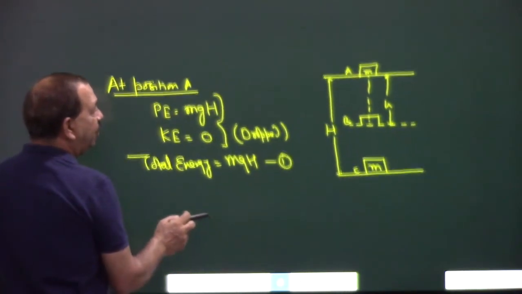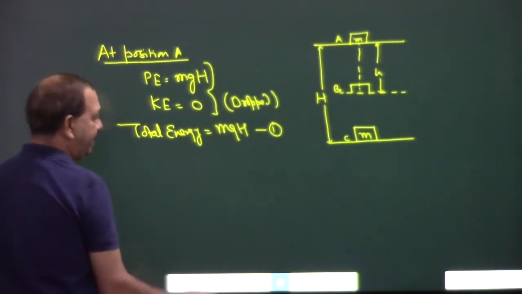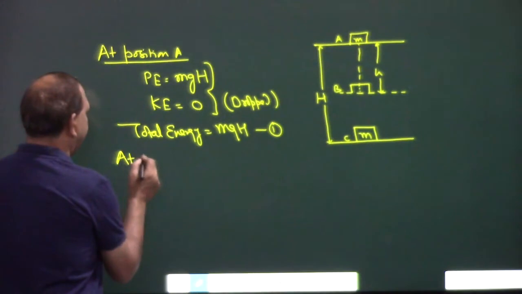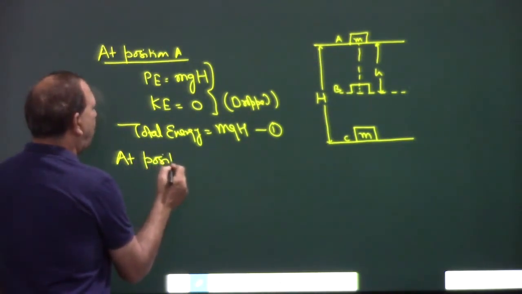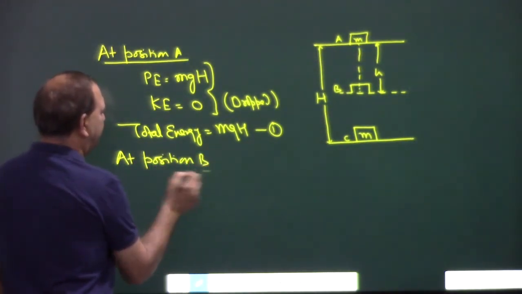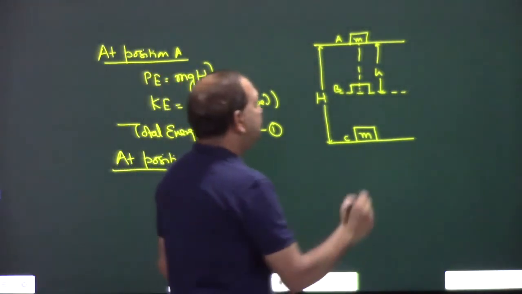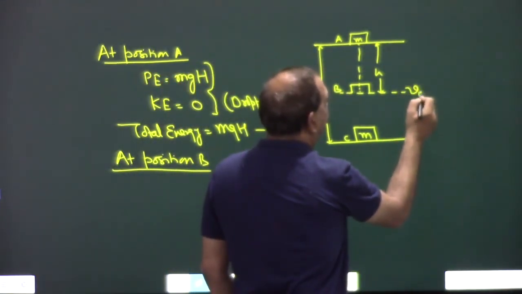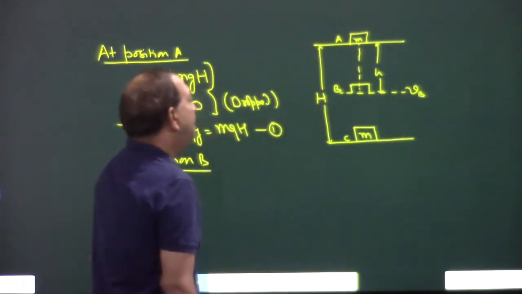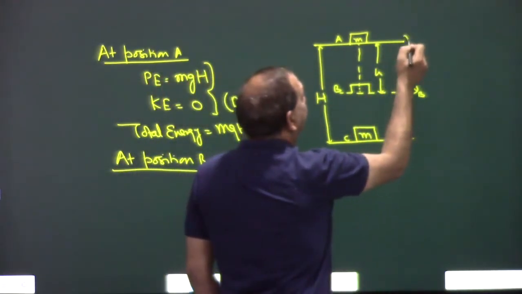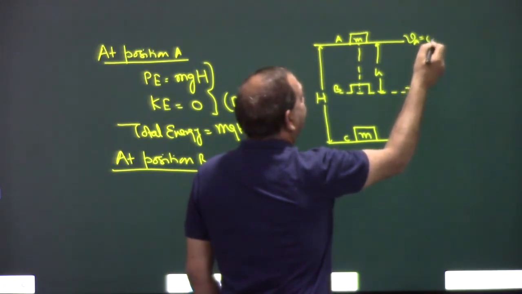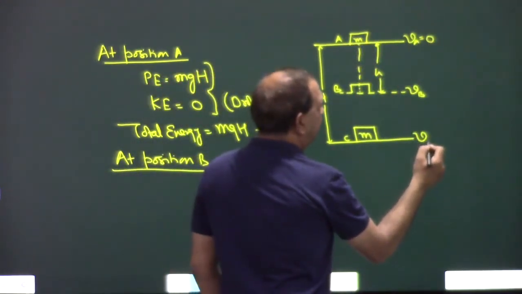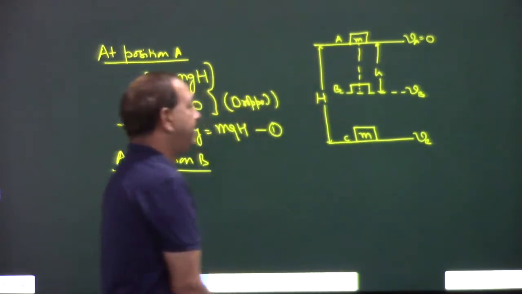Now let's find out energy at B. At position B, the object has dropped by a small height h, so there must be some speed of the object, let's say vb. Here va, velocity at A, was 0, and at C there will be some speed, vc.